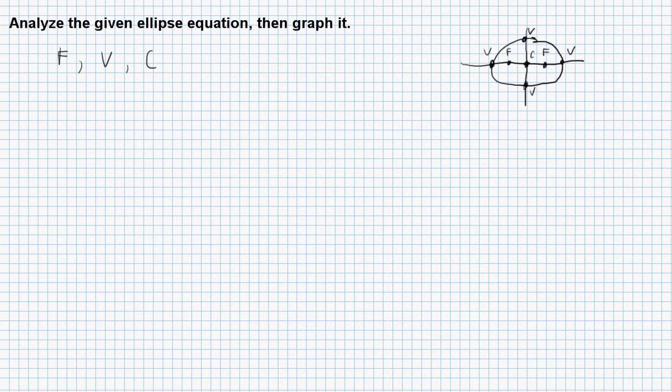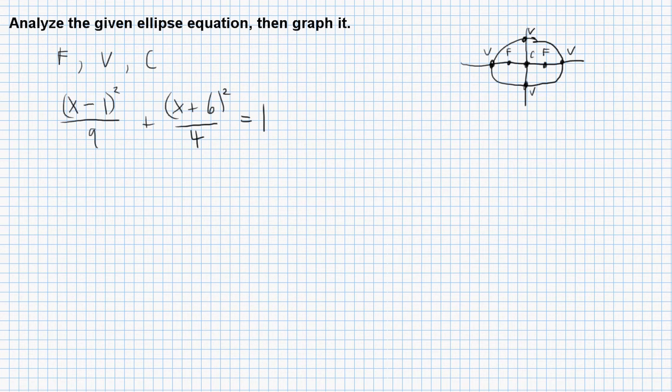So for this example, we're going to have this ellipse right here. It'll be (x minus 1) quantity squared over 9 plus (y plus 6) quantity squared over 4 equals 1.